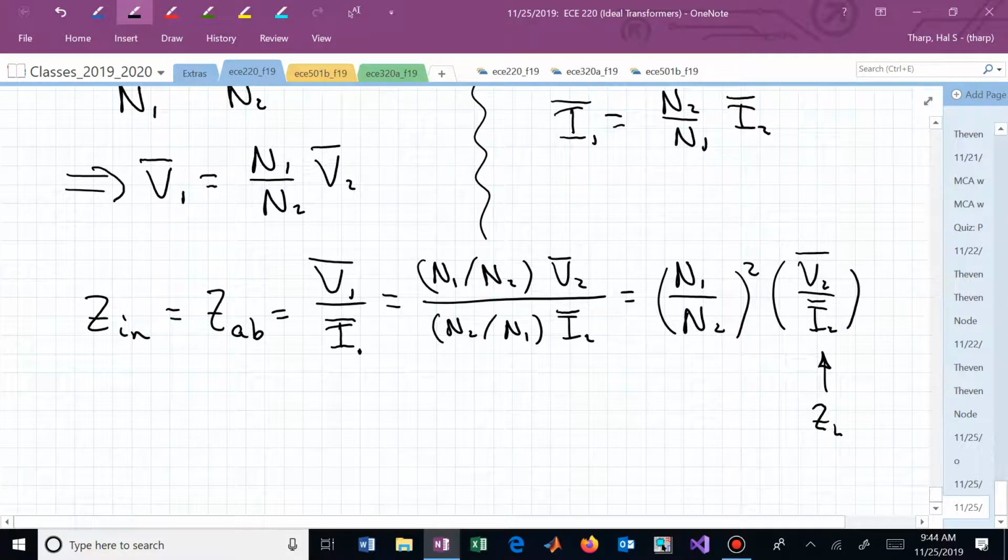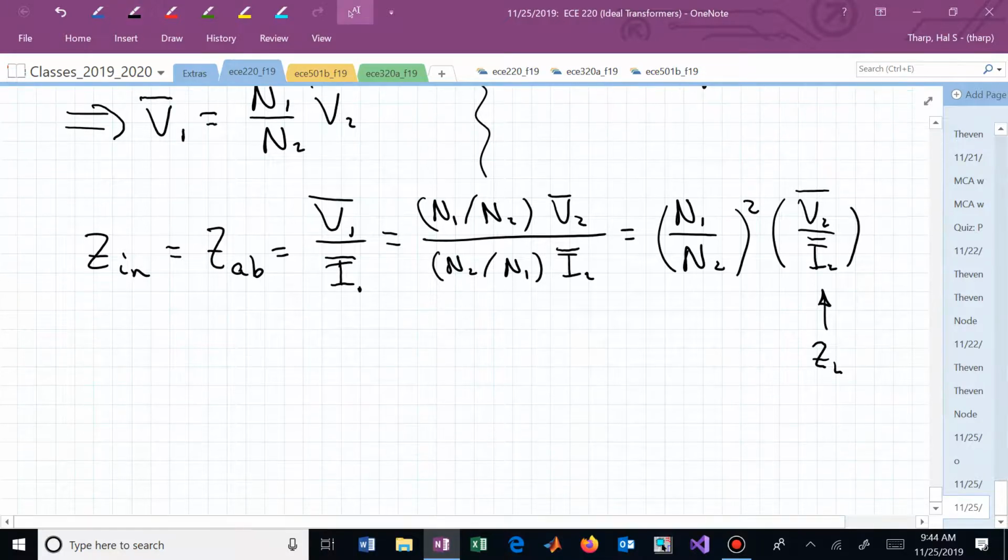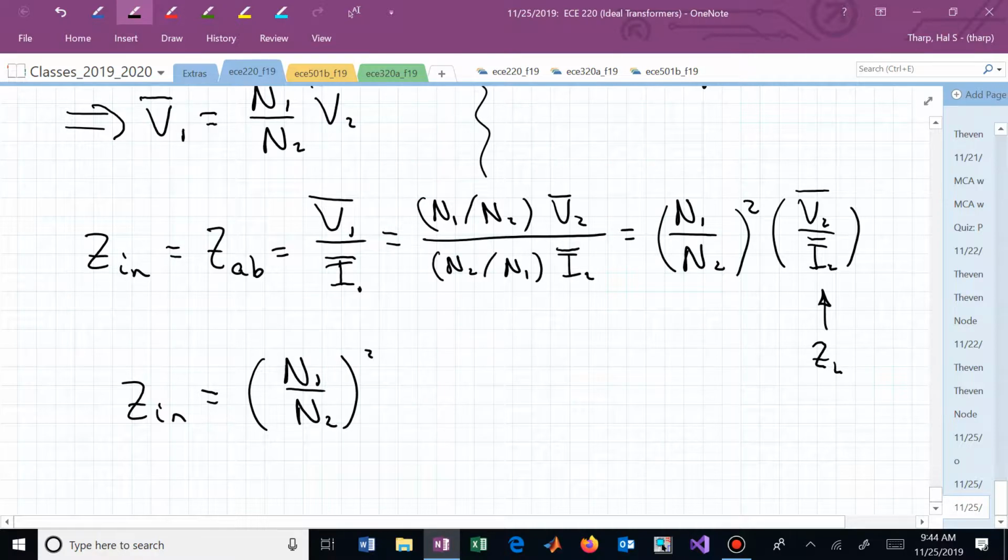That's just Z sub L. So now we know Zn is now N1 over N2 squared Z sub L.